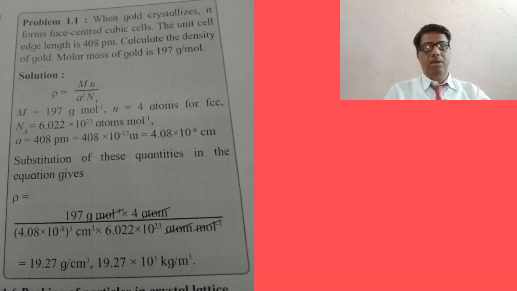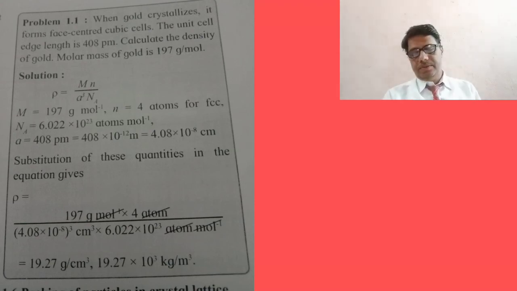Now the remaining will be 3 to 4 points of this solid state. Next one, packing of particles in crystal lattice, that is what is close-packed structure. In that, square close packing, hexagonal close packing, in 3D structure.